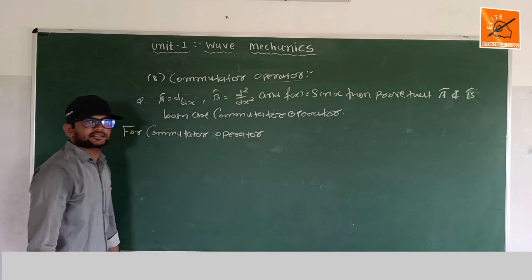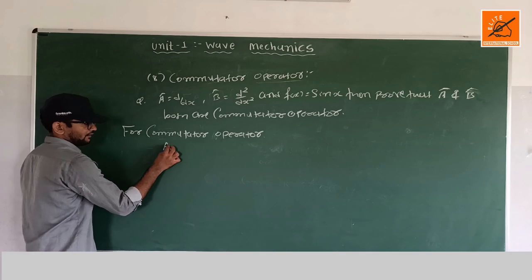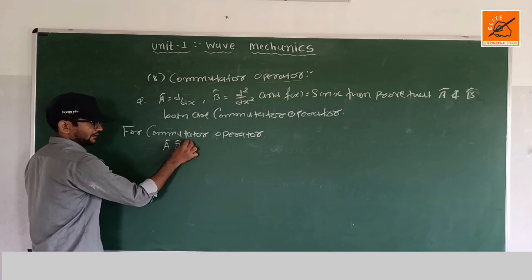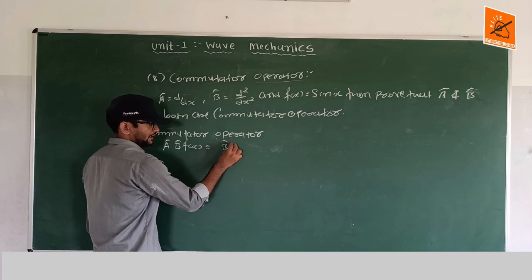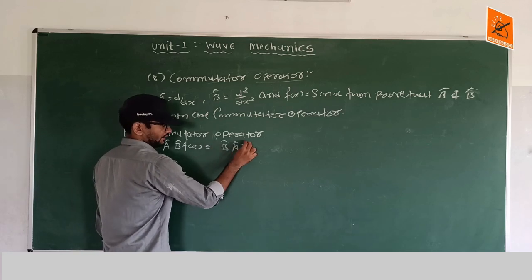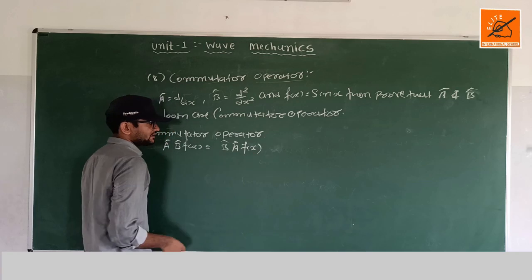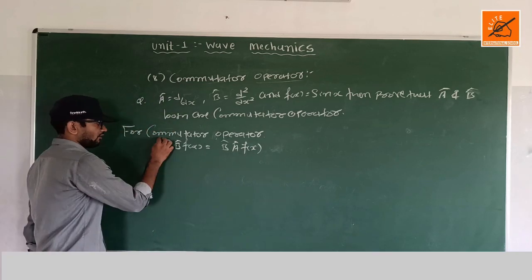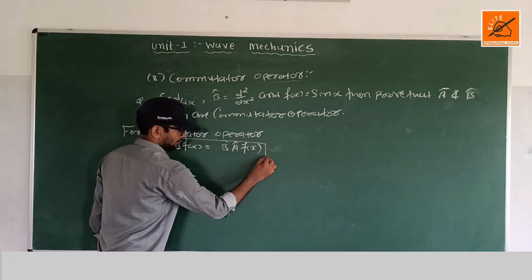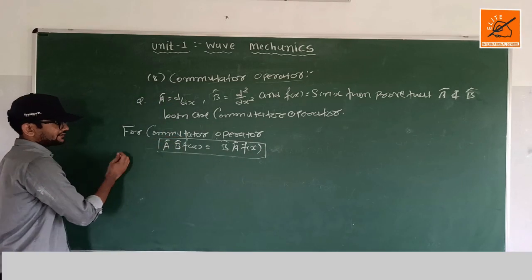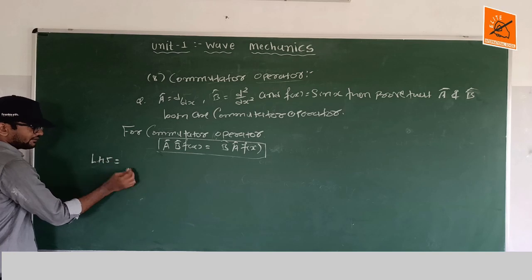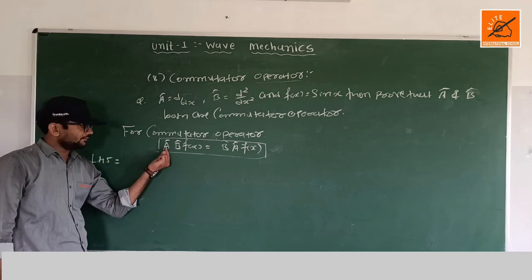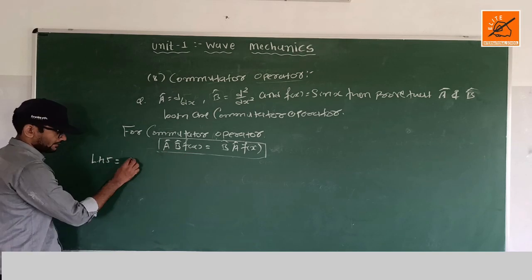For commutator operators, the mathematical expression is A cap B cap f(x) is equal to B cap A cap f(x). So this is the mathematical expression of commutator operator. First, the left hand side, LHS, is equal to A cap B cap f(x).